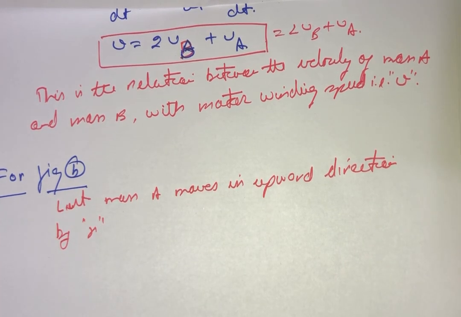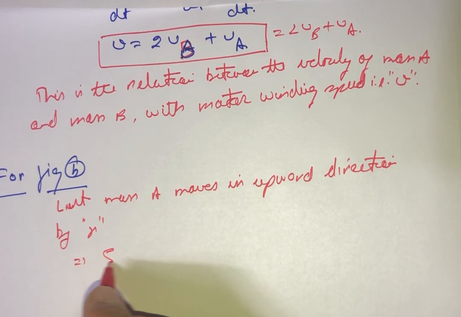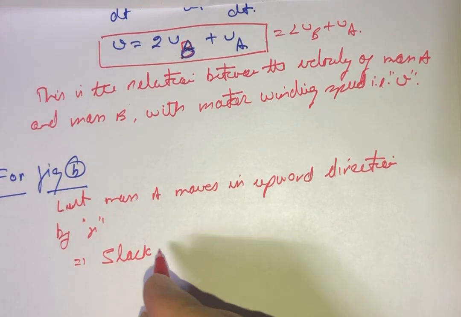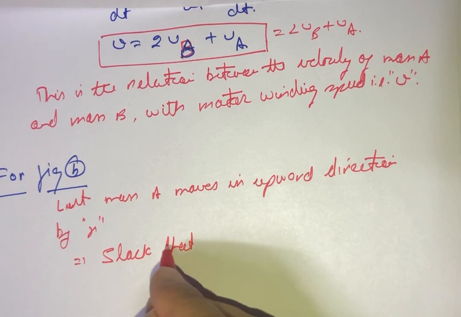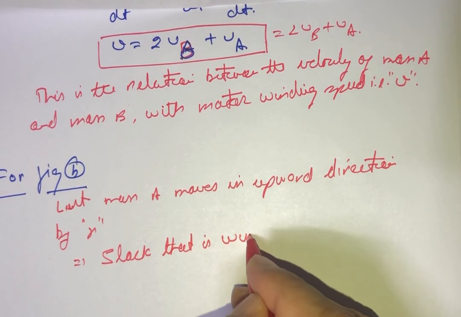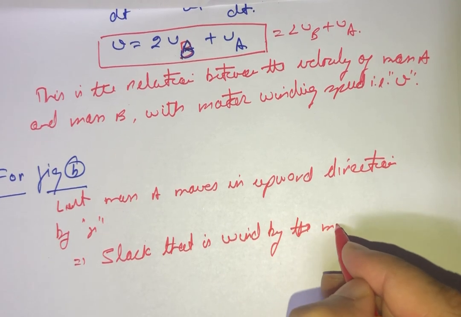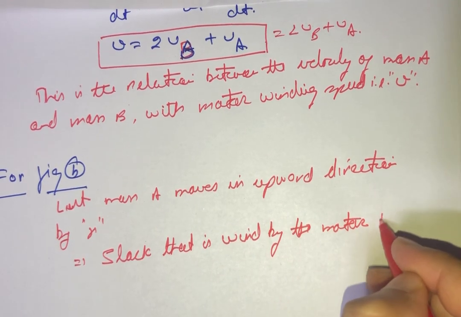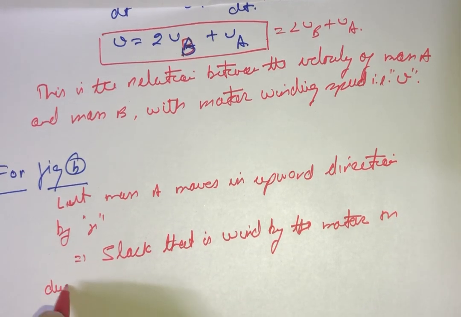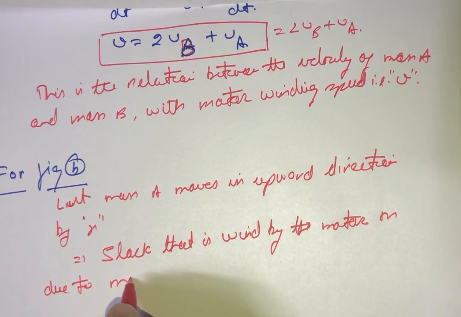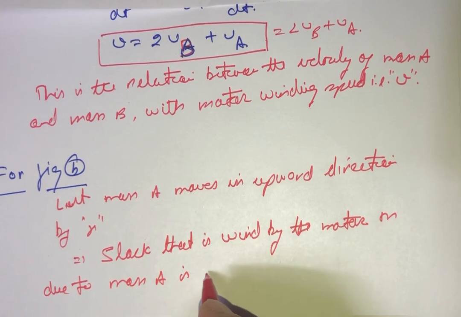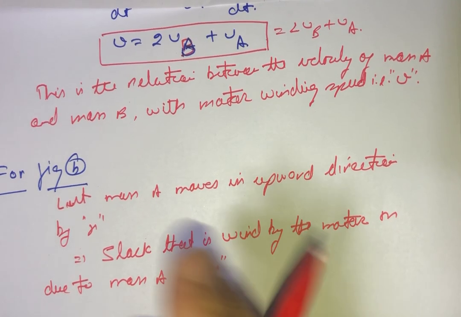If it moves by x, the slack wound by the motor M due to mass A is x.